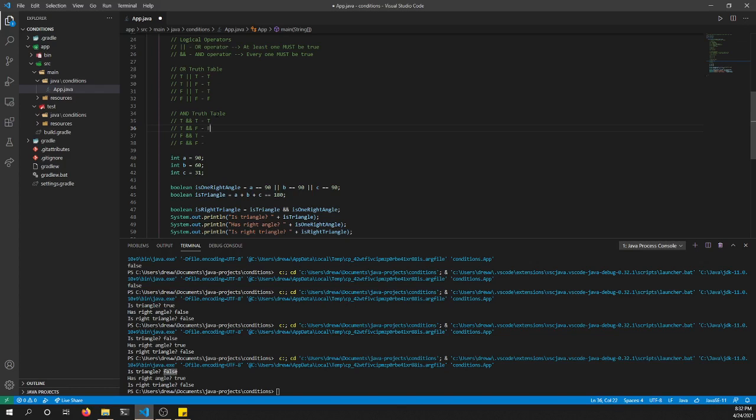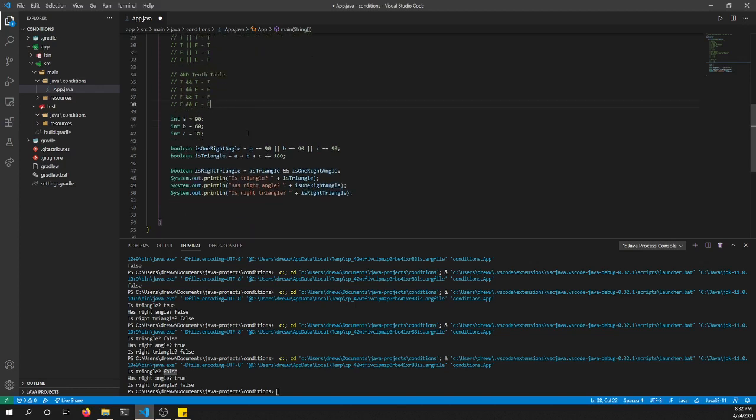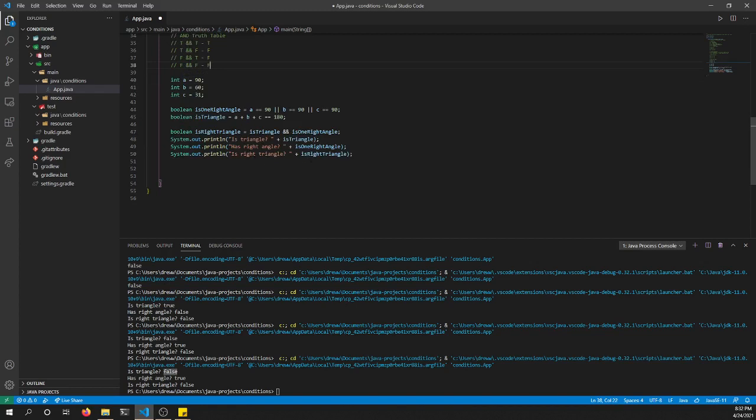Only one is true, so the whole thing is false. Remember, for AND, they all have to be true. False and true, only one of them is true, so it's false. False and false, neither of them are true, so the whole thing is false. So what's happening in the is right triangle is that if one of these is false, or both of them are false, then it is not a right triangle.